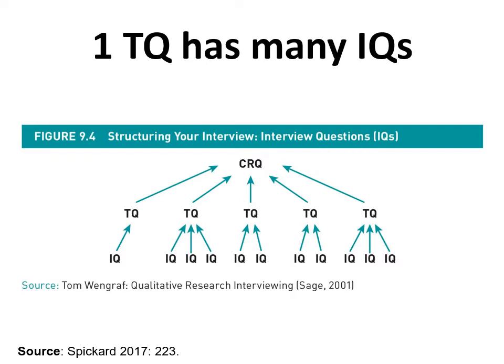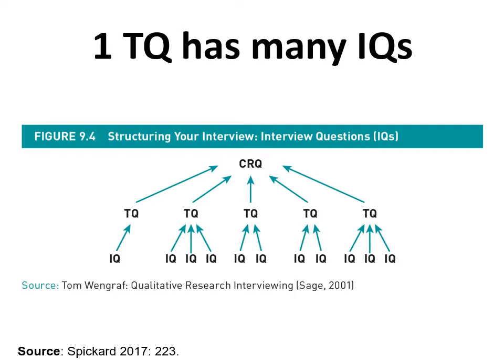And it's possible that these are related to your themes in your lit review. And then once you've figured out the theoretical questions, that helps you figure out your interview questions. So what happens is you'll have one or more interview questions that correspond to each theoretical question.